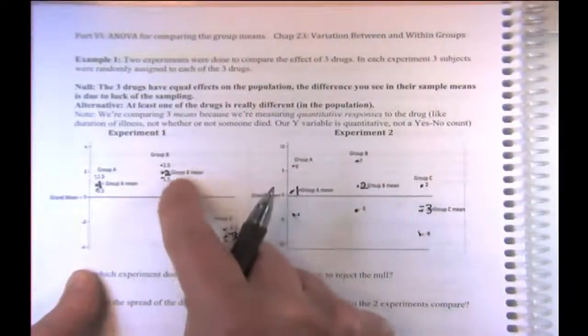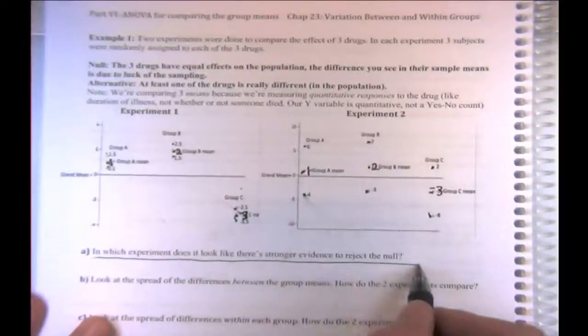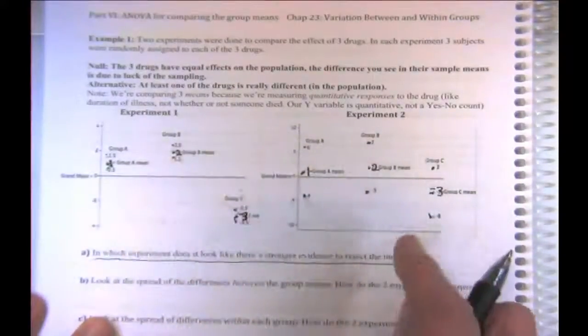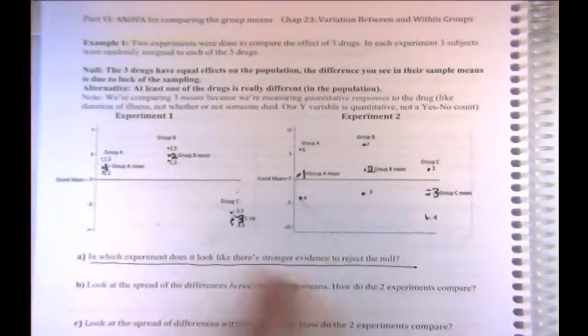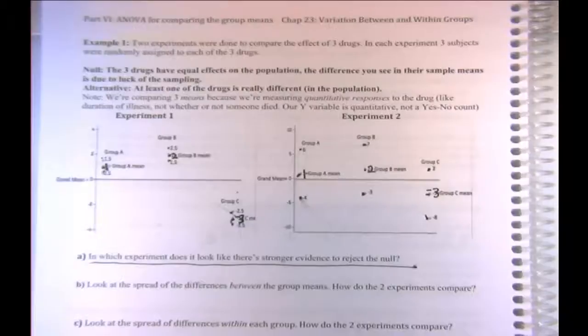So in which experiment does it look like stronger evidence to reject the null and think one of these drugs is different, at least, that they're not all the same in the population? Which does, experiment 1 or experiment 2, have stronger evidence to reject that null?